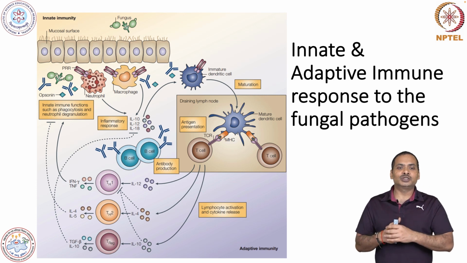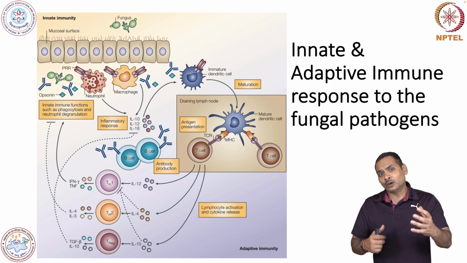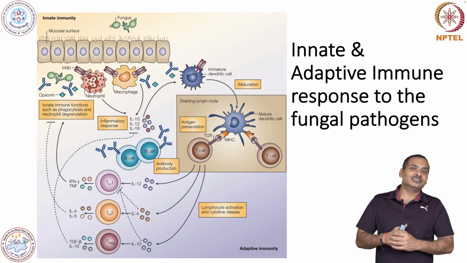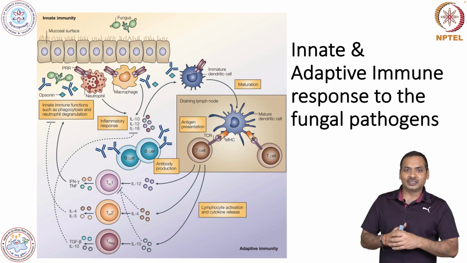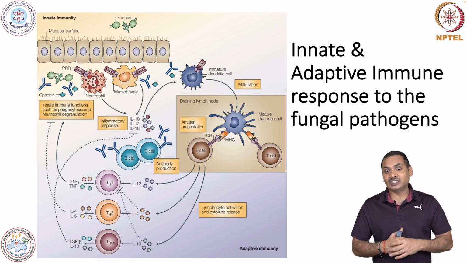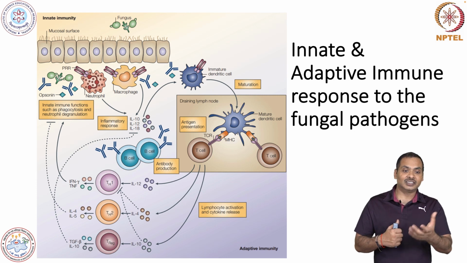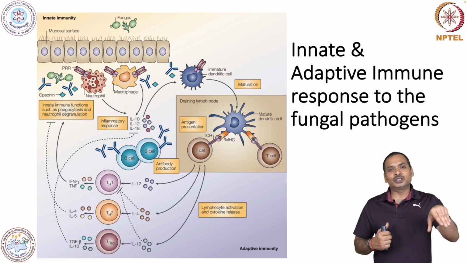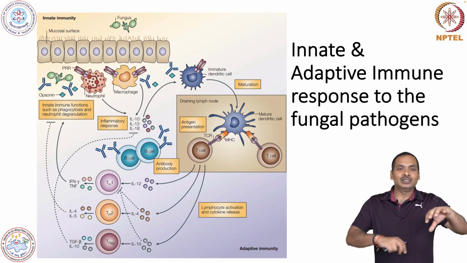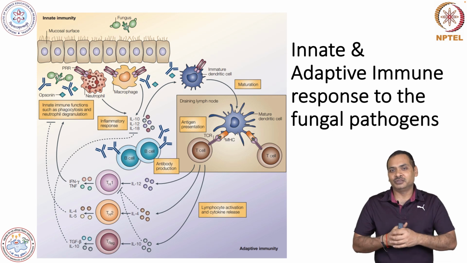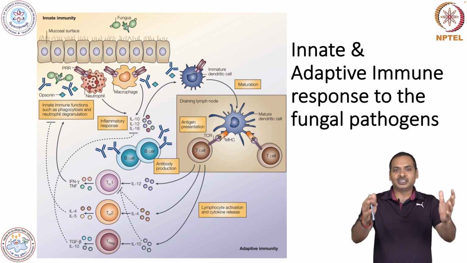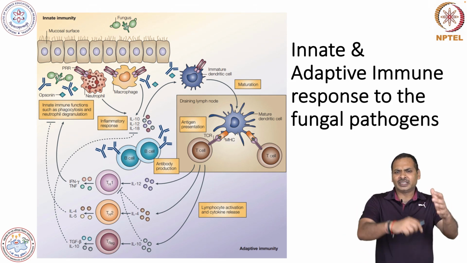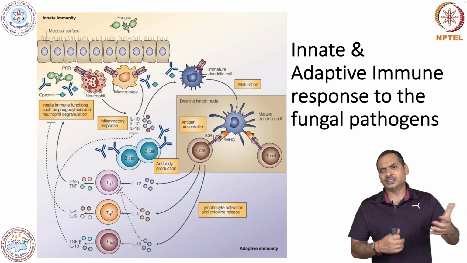This innate immune response can also activate the T cell mediated immune response, resulting in the differentiation of various Th cells. Here you can see Th1 cells, Th2 and Treg cells, and depending on the immune response generated through T cells, this will regulate the innate as well as adaptive immune response. So this is a complete summary of the immune responses against fungal infection, which I have discussed on several occasions in previous sessions.